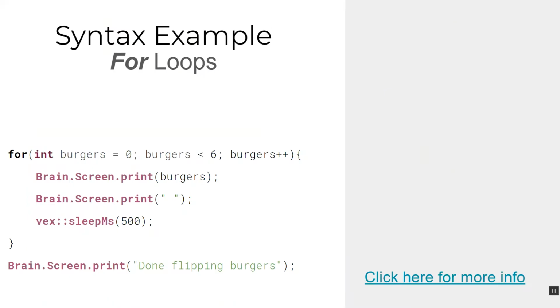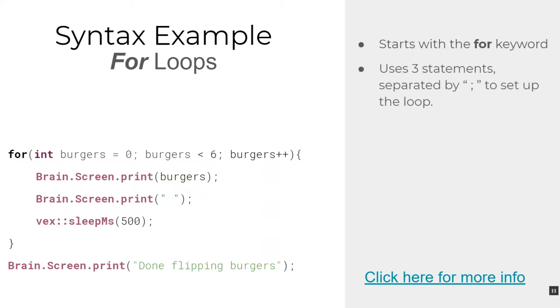In this case, we have for int burgers equals 0, burgers less than 6, burgers plus plus. What the heck does that all mean? Well, let's break it down. First of all, we have the for keyword. Then we have 3 statements separated by semicolons inside of the brackets, and that is what sets up the loop.